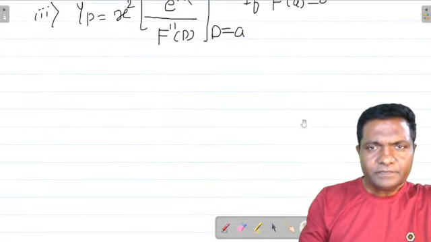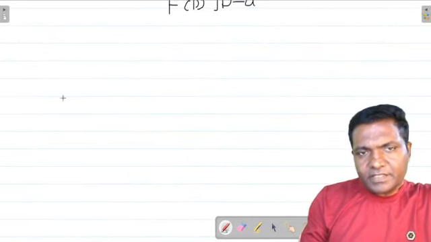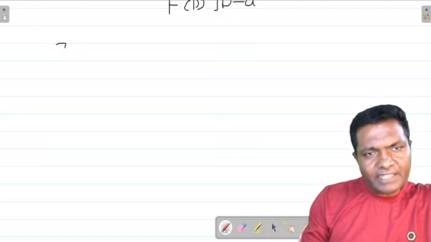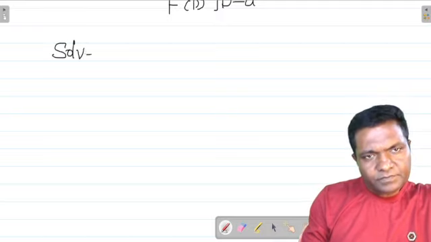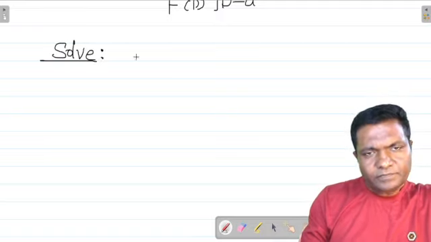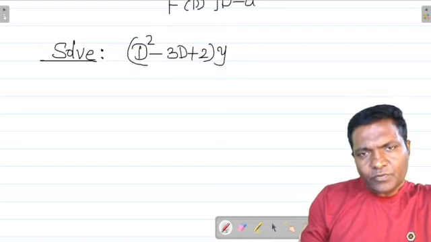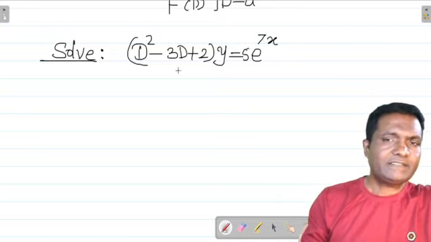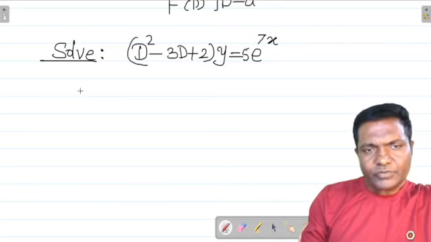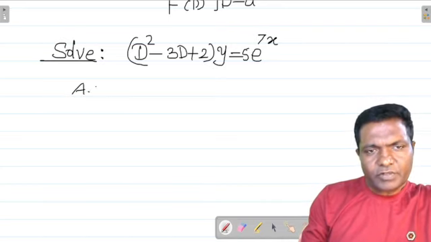So let me explain with the help of an example. Solve d square minus 3d plus 2 into y is equal to 5 e power 7x. As usual, first you have to write the auxiliary equation.